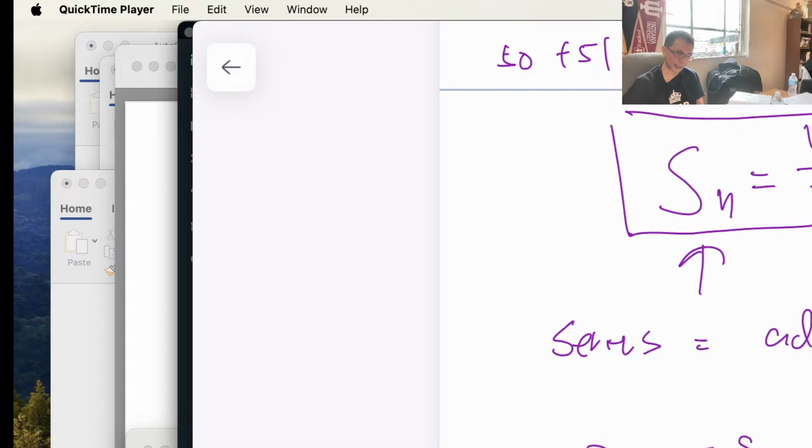And we say, hey, can you figure out the first 10 terms? A10 and S10. A10 is the 10th term. S10 is the sum of the first 10 terms.